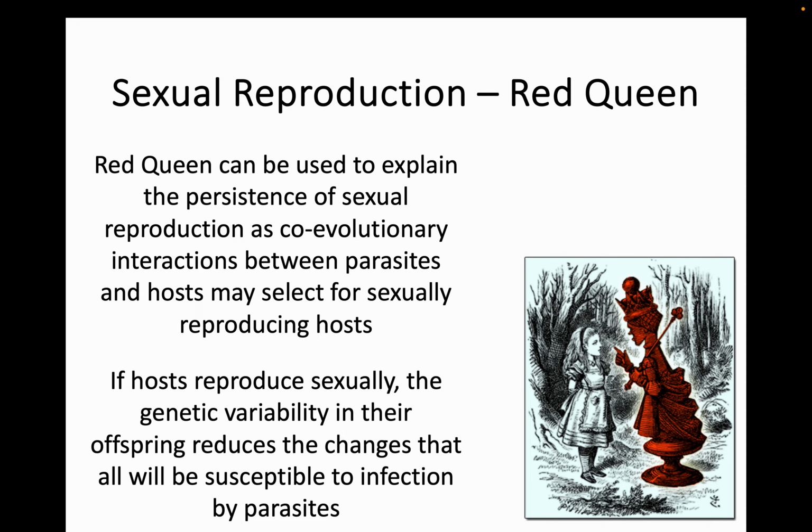This also ties back to the Red Queen hypothesis that you might remember from the evolution video. The whole idea for the Red Queen is that it takes a lot of running to stay in the same place. So for example, if a host is able to develop a new defense against a parasite, the parasite then needs to develop a new way of getting into that host or disrupting that host.